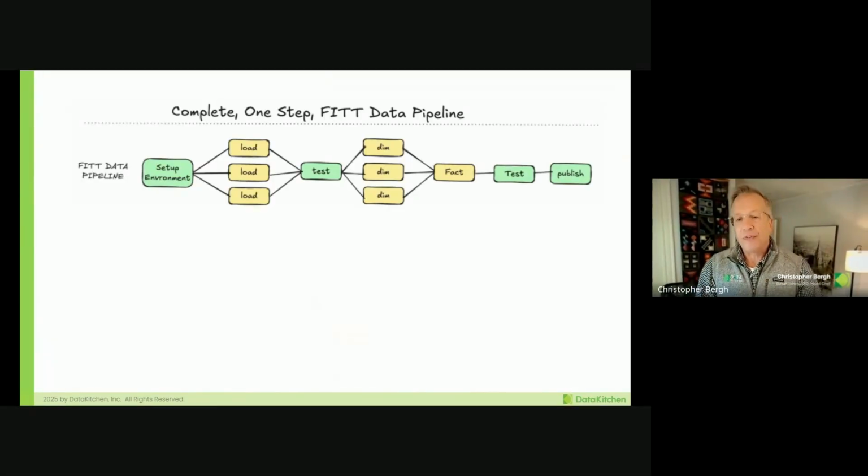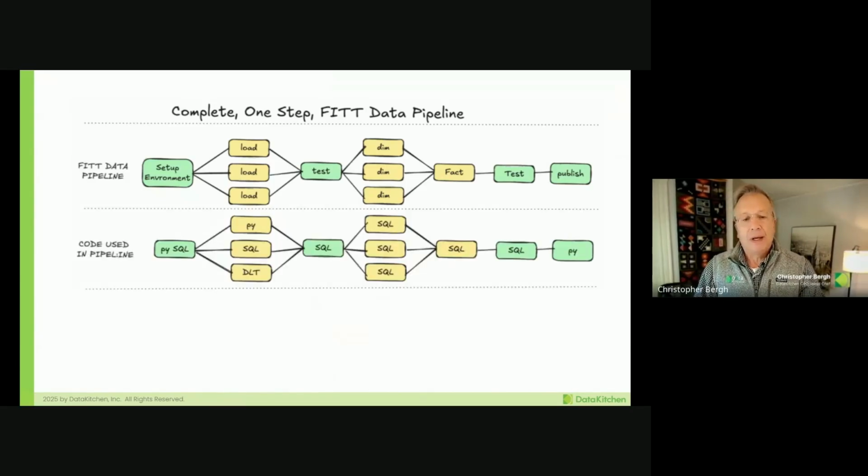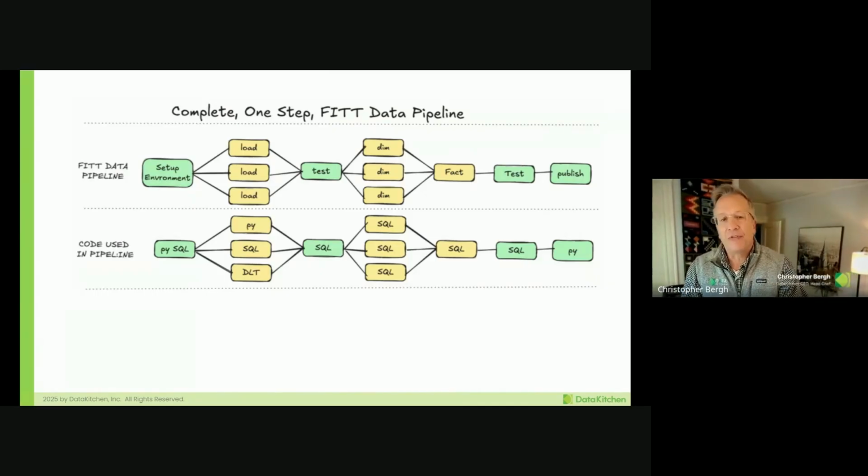In this example, we're just doing a Kimball schema. So I've got different code: maybe some Python that's loading the data, some SQL, a DLT, some tests in SQL, a bunch of SQL that builds my dimensions, a bunch of SQL that builds my fact tables, some tests, and then some Python code that publishes it.